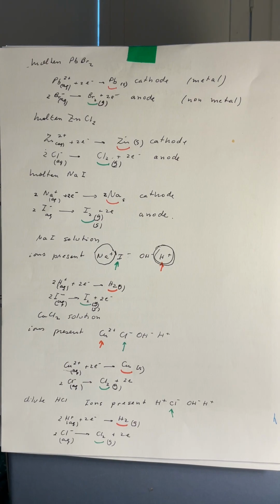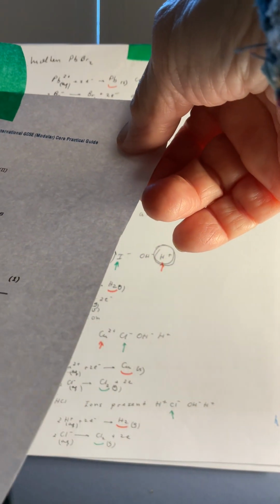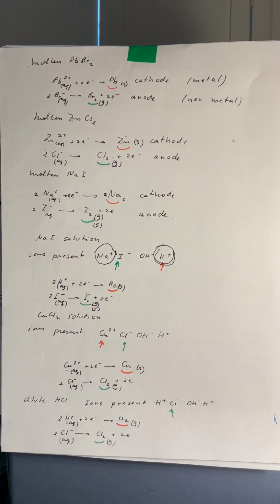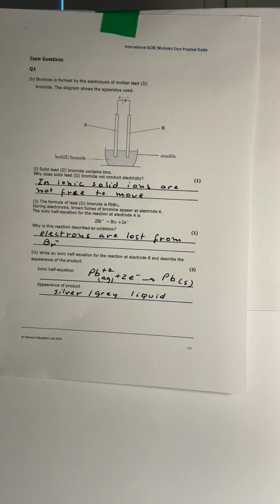Now, the other question that is very similar, with slightly different wording, is again about lead bromide. So they ask why solid lead bromide does not conduct electricity. As we said, the ions are not free to move.